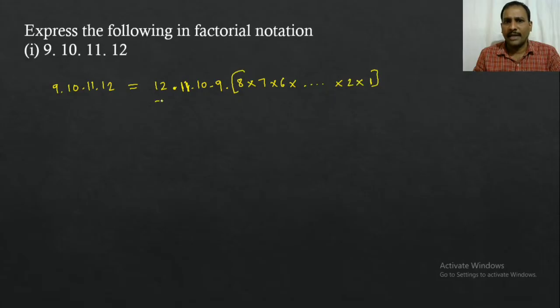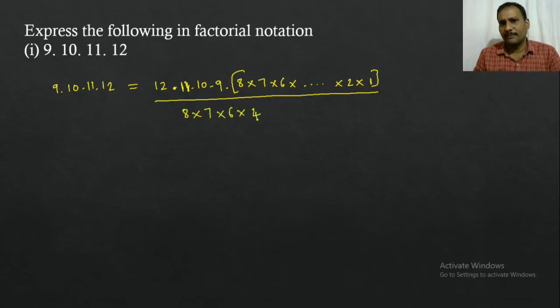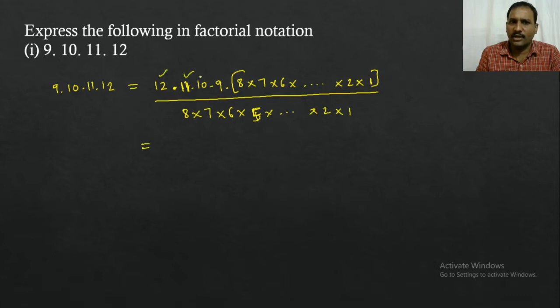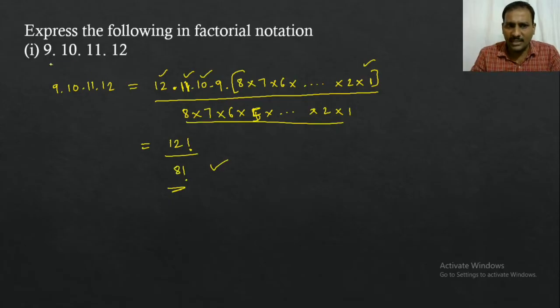I am multiplying with 8 into 7 into 6 and so on, and at the same time dividing with the same thing, up to 3 into 2 into 1. Now 12 into 11 into 10 up to 2 into 1 can be written as 12 factorial by 8 factorial. So this is how we express this product in factorial notation.